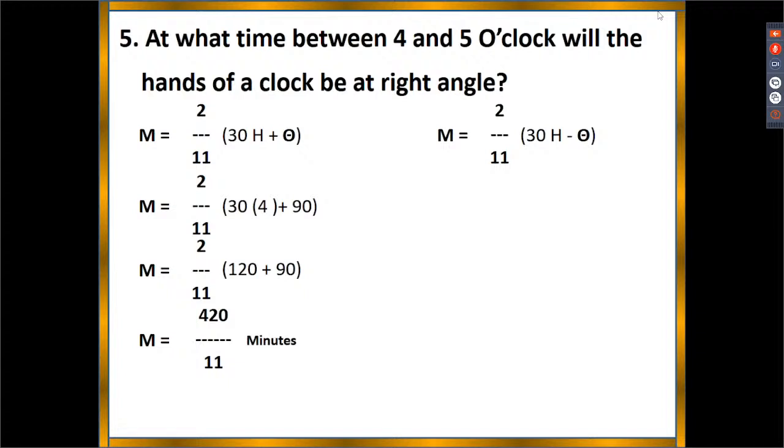Or if you convert into a mixed fraction, 11 3s are 33, 9 is there, 90, 11 8s are 88, so 38 2 by 11 minutes after 4 o'clock.